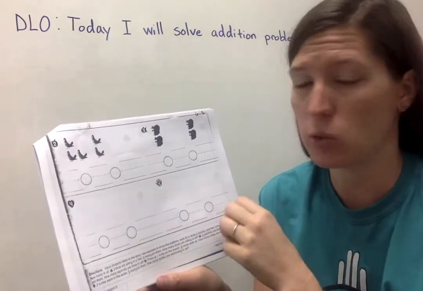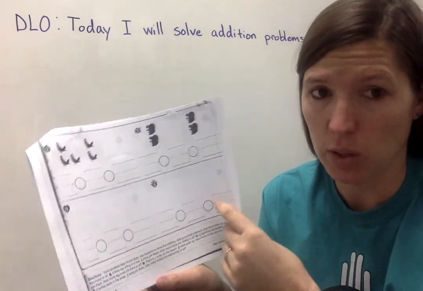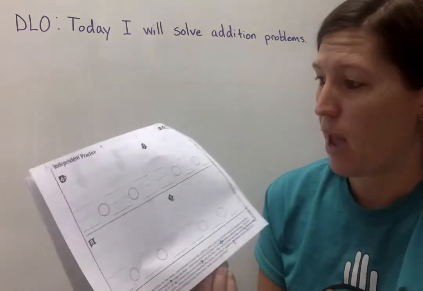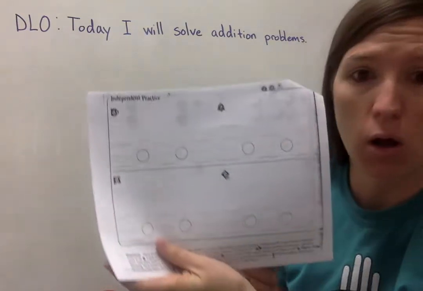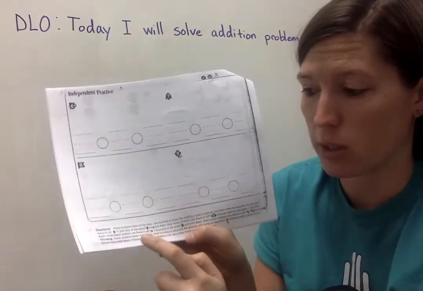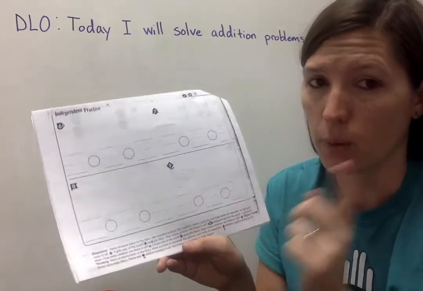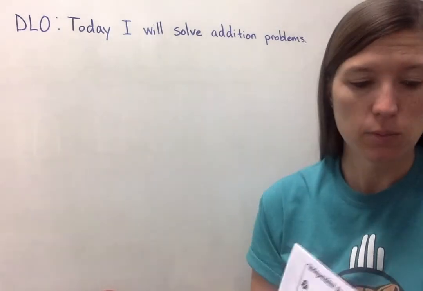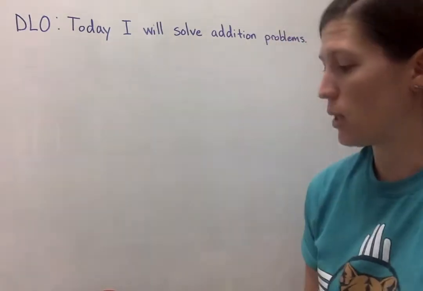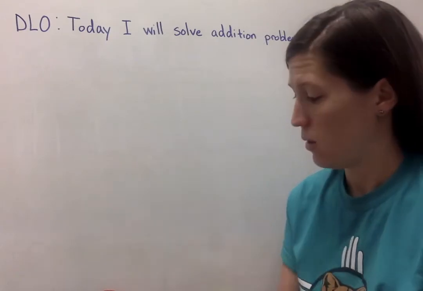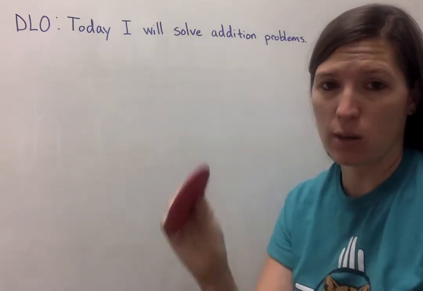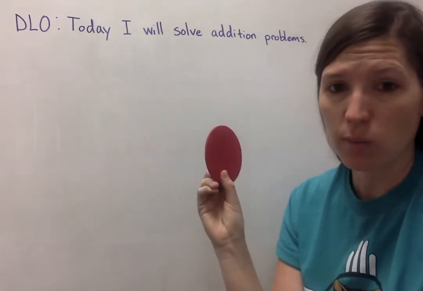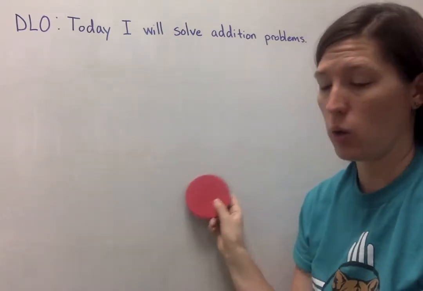So let's get started. We'll do a bunch of examples, and I'll do a couple of these with you so that it'll be easy for you to do, because on the back page, it's all stories. All the stories are down below. Okay, let's get started. So I'll build a story with my big counters. They are not flippy because they have to have the magnet, but you can build it with me while I do it, and then we'll write our equation.